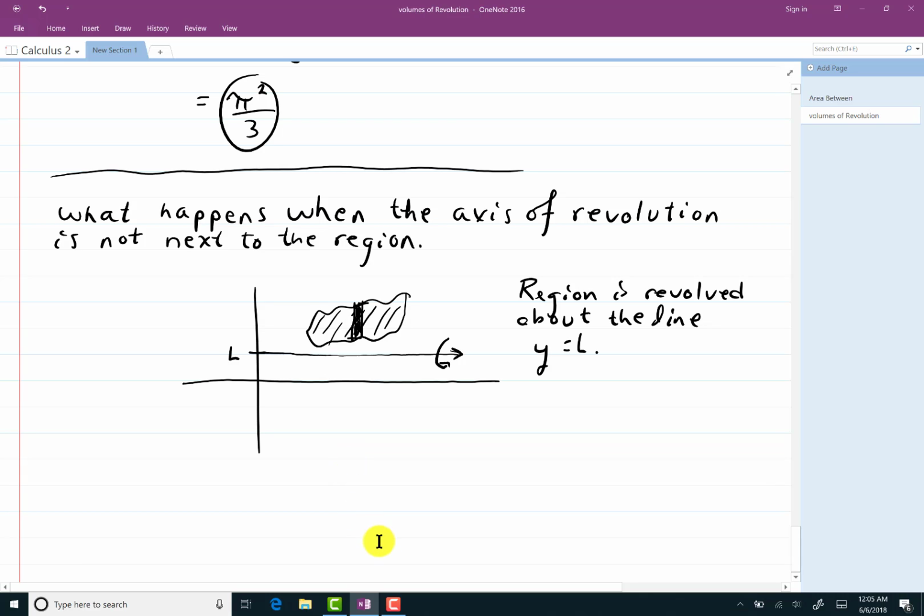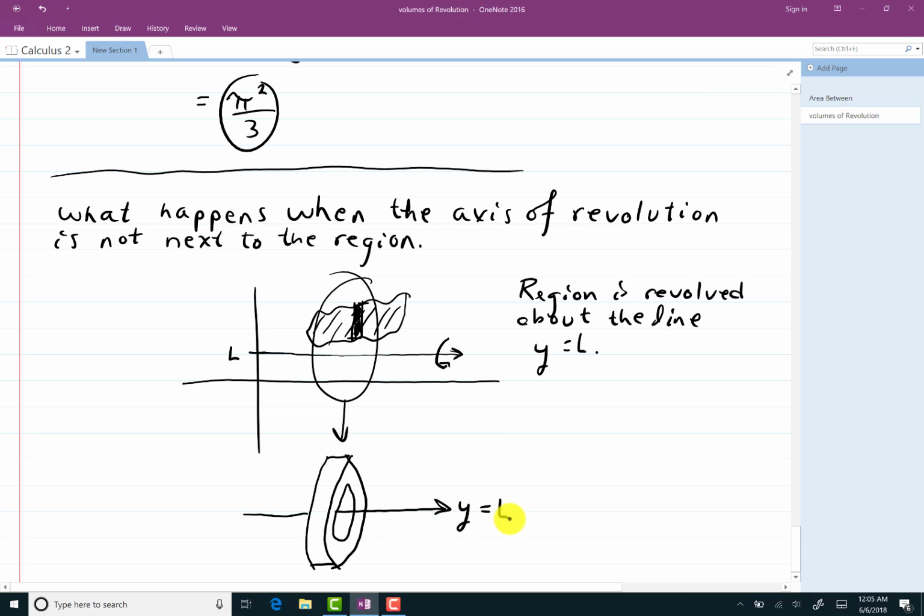It's going to look like this. I think the easiest thing for me to do is to draw just the disc shape, but then I'll take out the center. So you have something like this, but then you'll have the middle part taken out. And of course, that's the line y equals L right in the center of this thing.